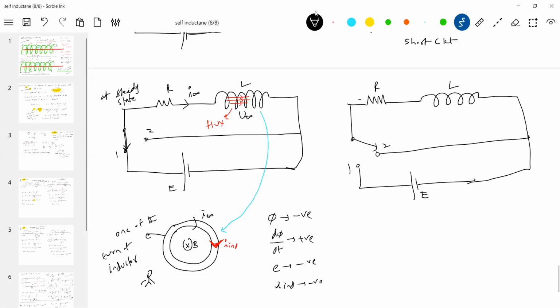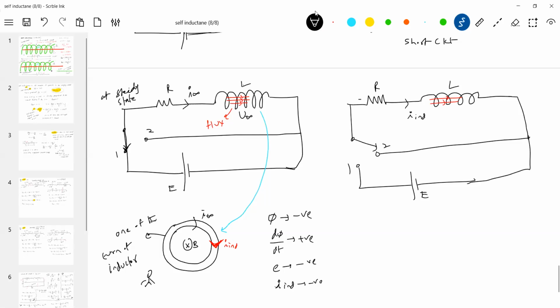Tell me, what is the cause? The field is decreasing. The induced current in the coil should be such that it opposes that. So the field is decreasing. The current will flow in such a way that it will try to increase the field. Same direction of field, but it will be decreasing. So therefore, what we get is an induced current.